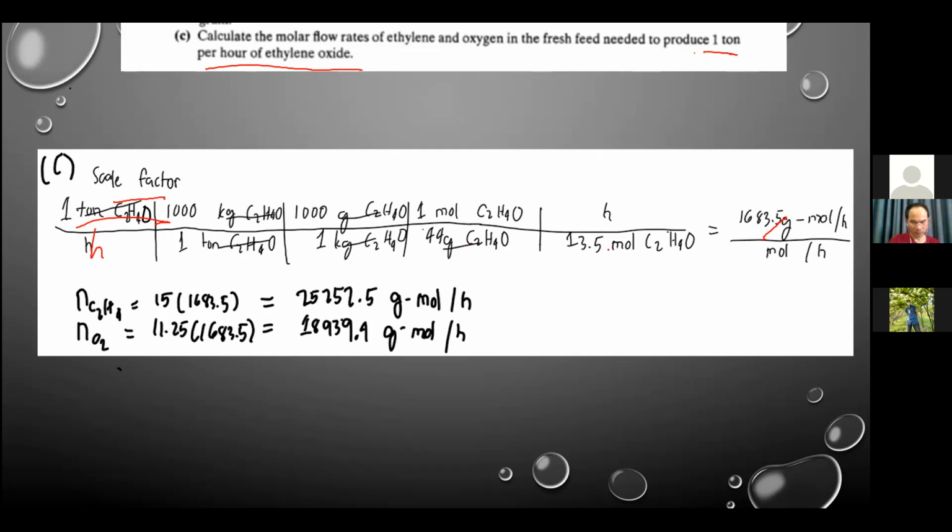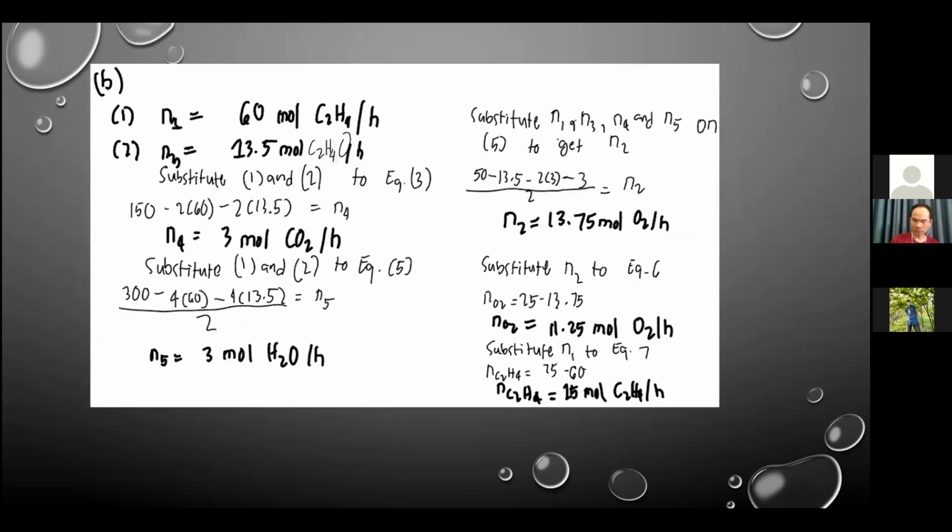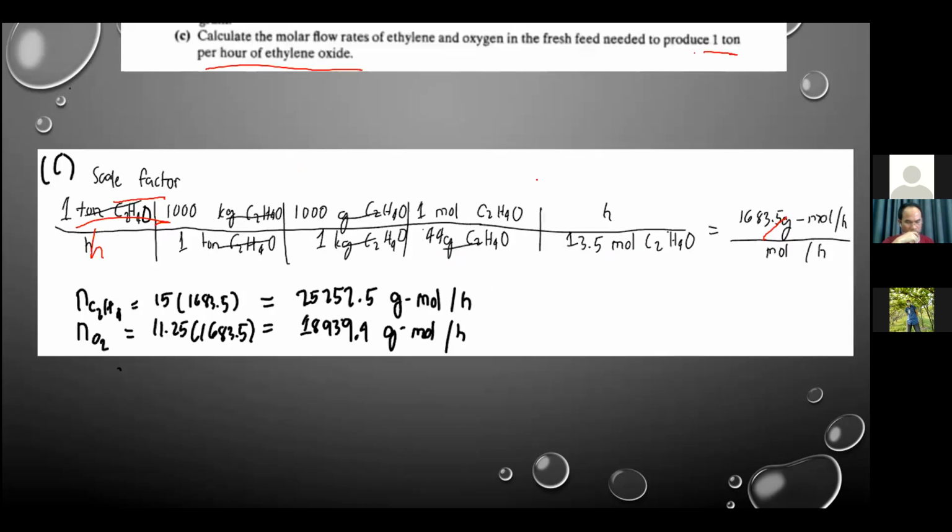And then finally, the 13.5 C2H4O is, if you guys remember, the molar fraction of the C2H4O in the reactor product. And then after that, we can get this scale factor, which is 683.5 grams per mole over mole per hour.